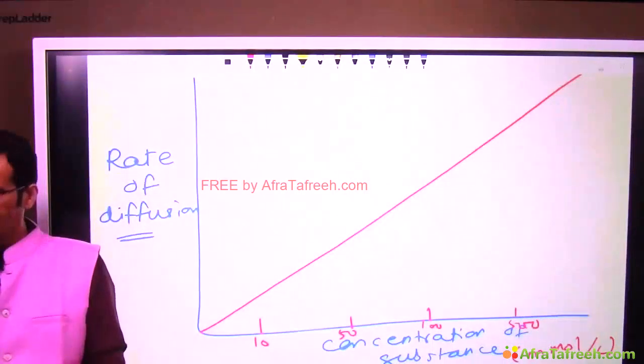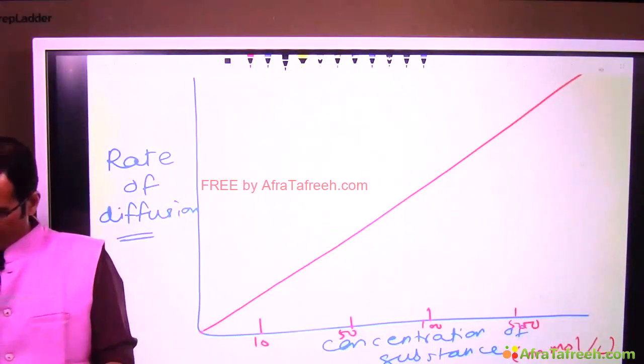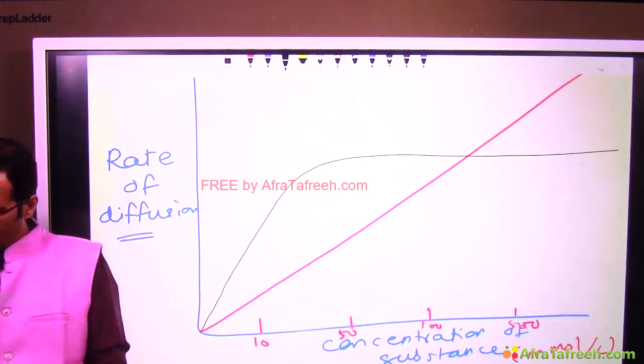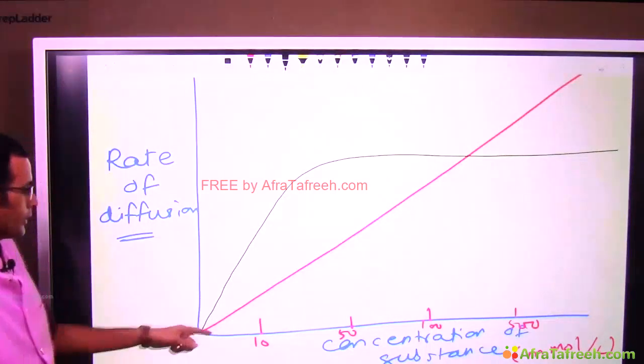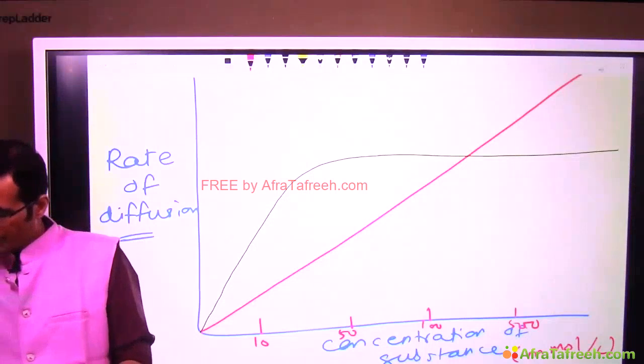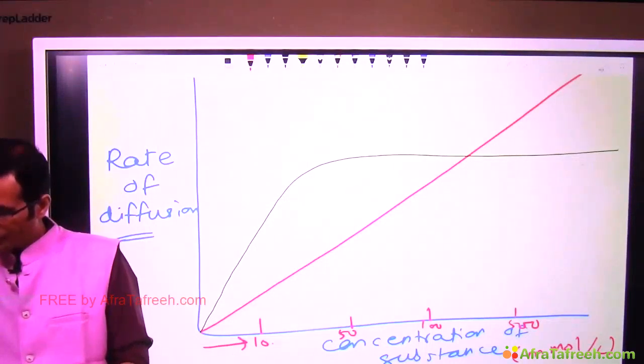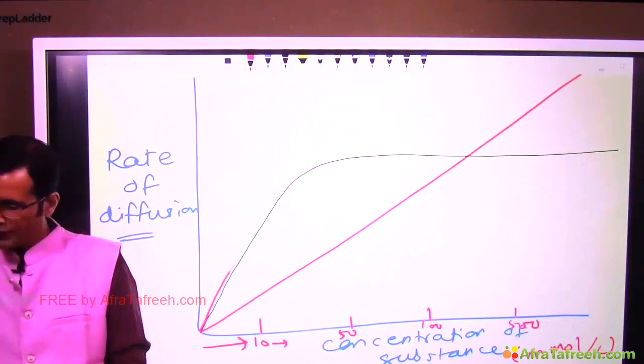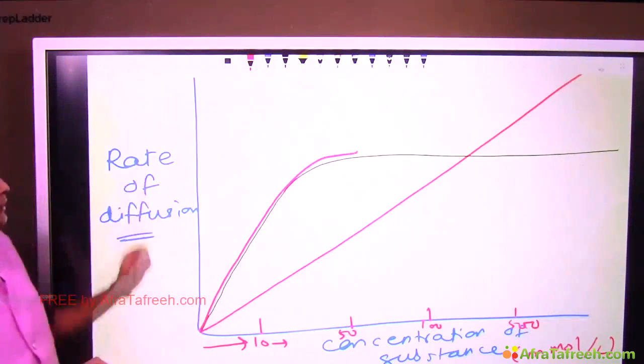Now coming to the facilitated diffusion, look, initially the rate of facilitated diffusion will also increase. See, we have increased the concentration on one side of the membrane, and we see the graph is rising, rate of diffusion is increasing.